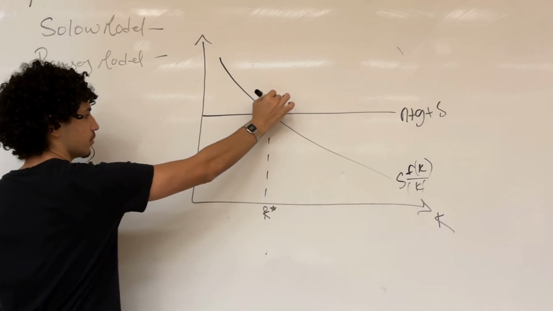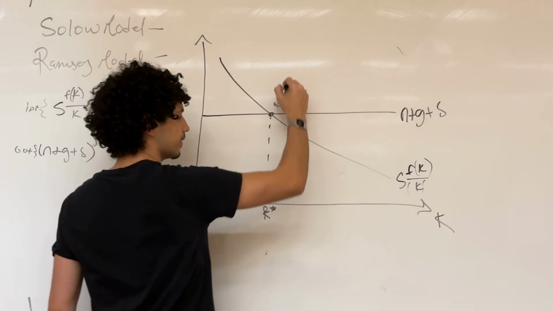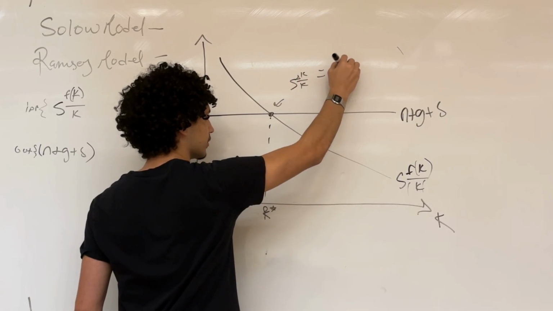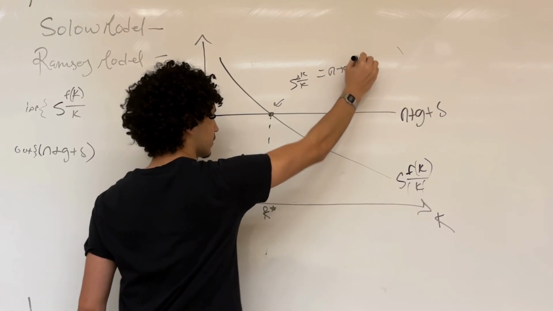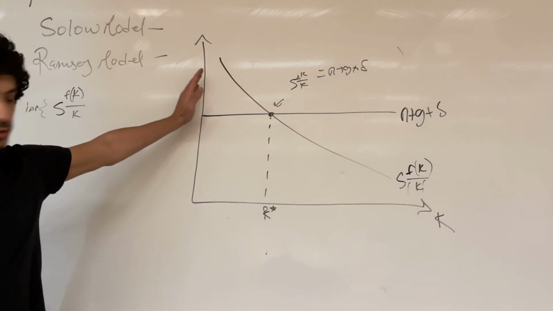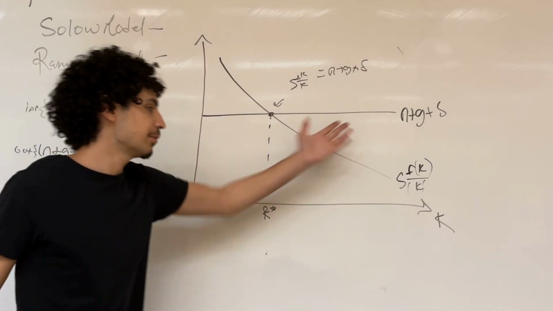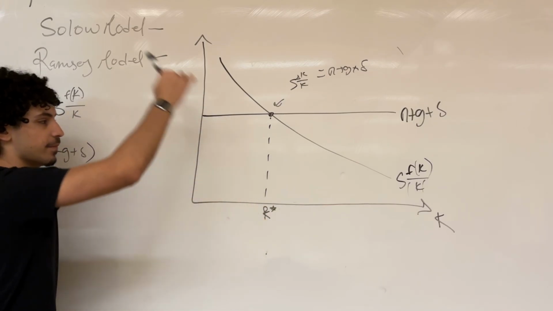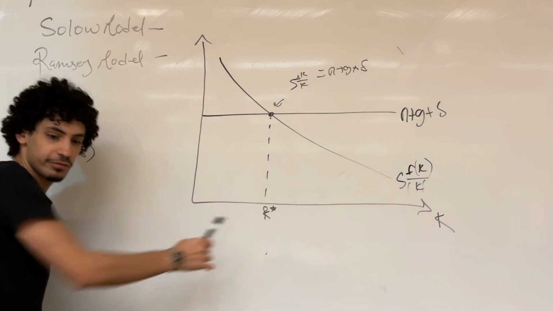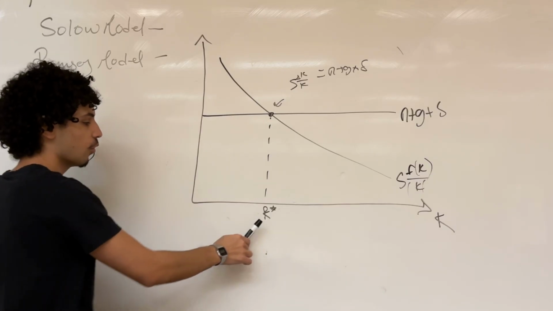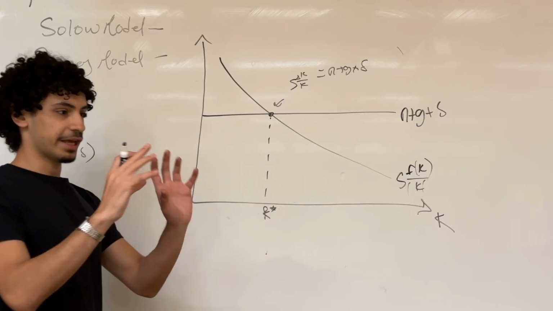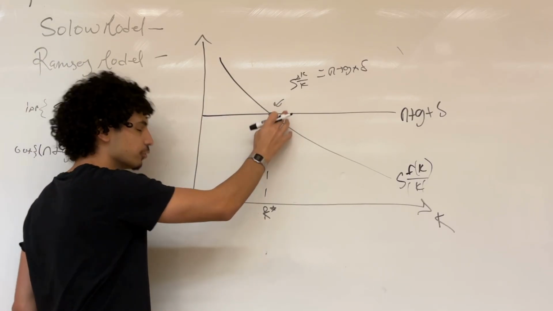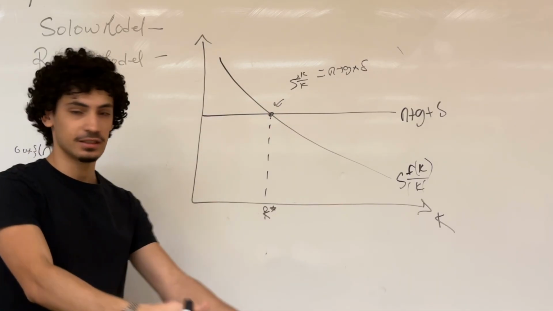At this point, sF(K)/K equals N plus G plus delta. Anytime before it, it doesn't, and anytime after it, it doesn't. What's important to note is that this point is the goal for a country or an economy, where the inflow of their capital is the same as the outflow of how much they're spending.